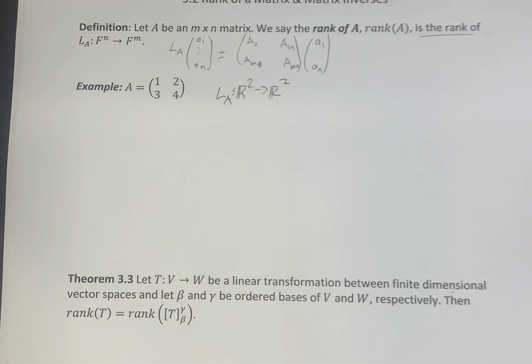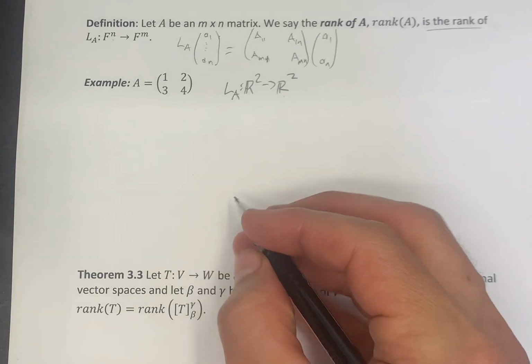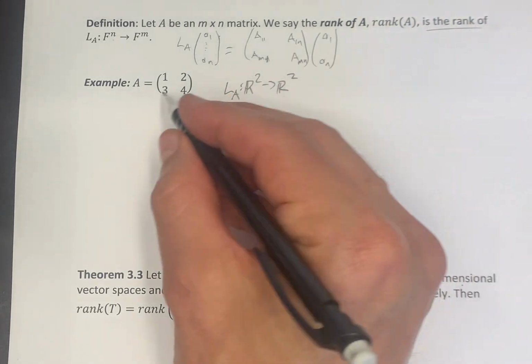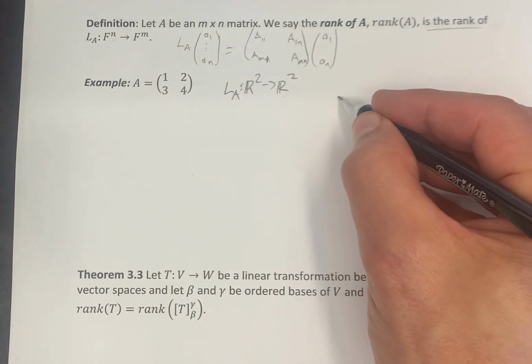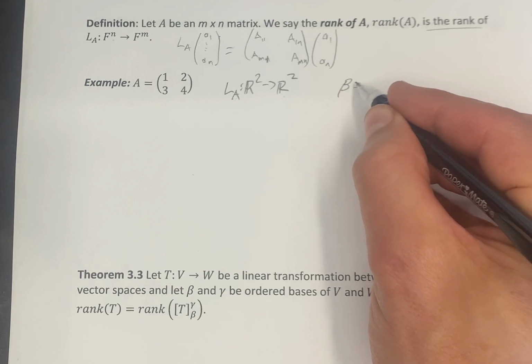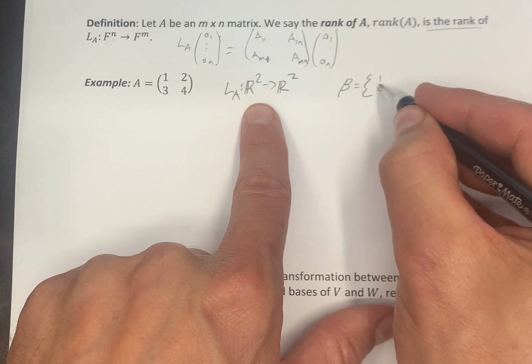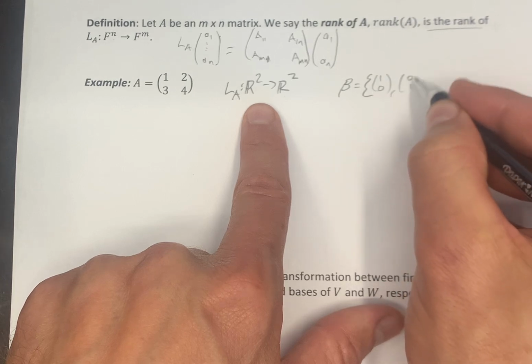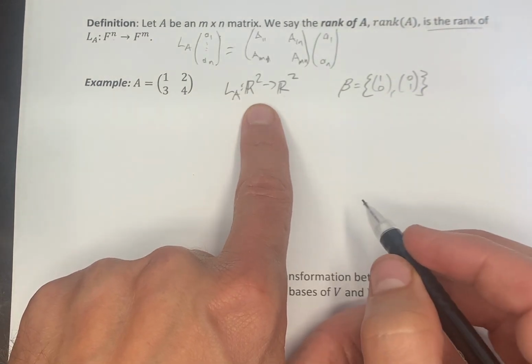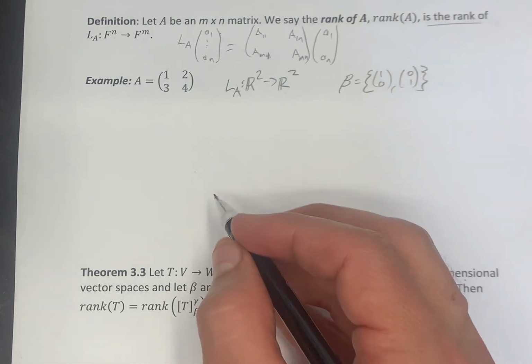So let's just pick a basis of F^2: (1, 0), (0, 1). So there's sort of the canonical basis.